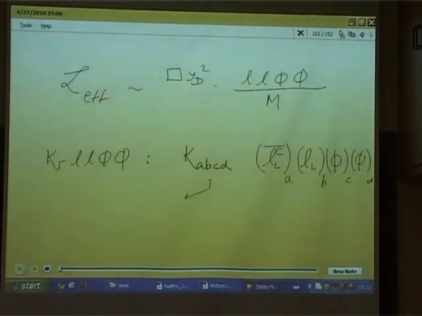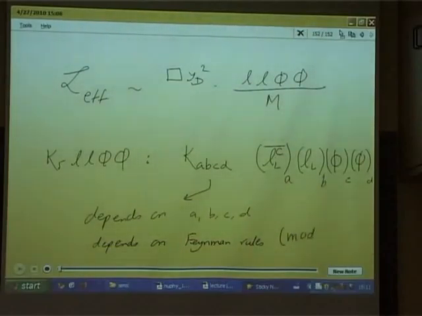So it depends on A, B, C, D and depends on the Feynman rules, which means it depends on the mechanism, the model using Feynman.